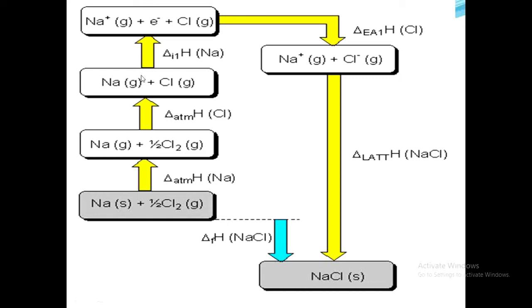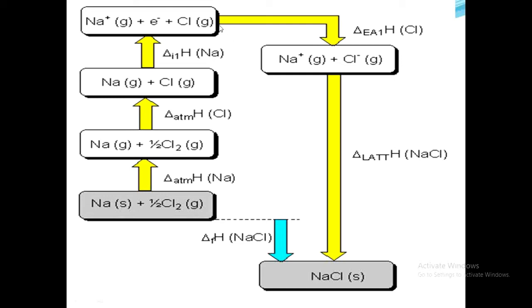Further, the sodium is ionized and its ionization energy is required, that is the first ionization energy of sodium, to form 1 mole of sodium positive ions in gaseous form. Then further on, we need the electron affinity for the chloride ion formation, that is the first electron affinity of chlorine.